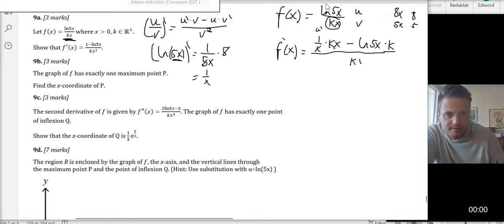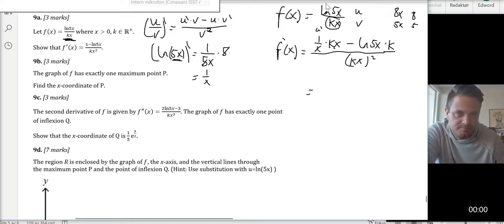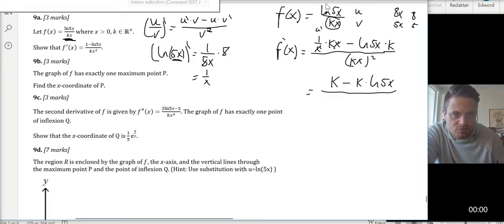Divided by kx squared. And let's see if we can make this a bit easier. Here we can actually shorten x against x. So I just get k here minus, and I just write k first, and then ln of 5x. And here I should multiply this by itself, so we get k squared times x squared.